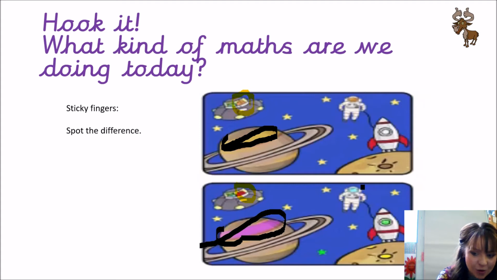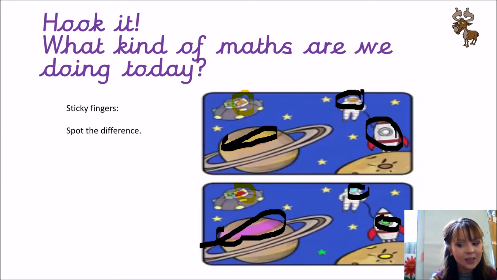Also, the astronaut here and here has a different colour helmet. And on the rocket, the window is also a different colour. Have you noticed the star that's a different colour? There it is. There's a green star here, but this star is yellow.